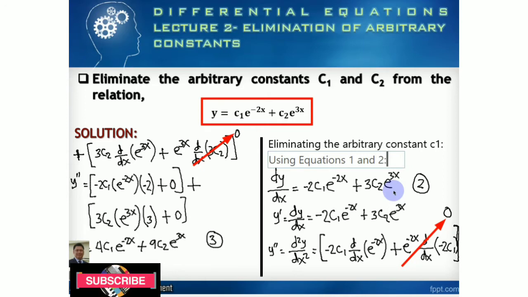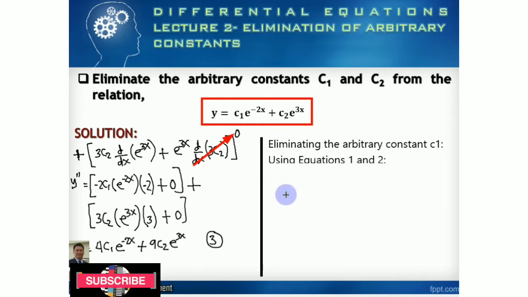So we have now this equation 1. So we will erase this one first. Okay, so we have here our equation 1, which is y is equal to c1 times e to the power of negative 2x plus c2 times e to the power of 3x.